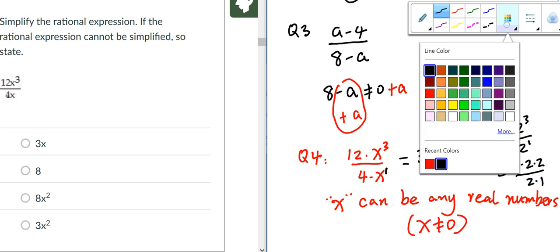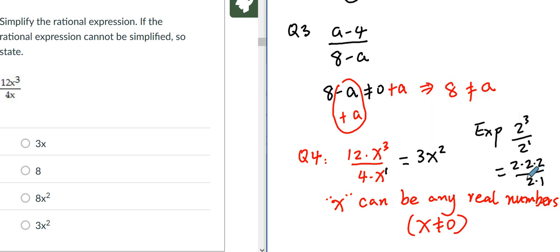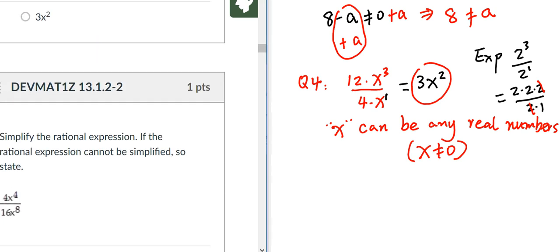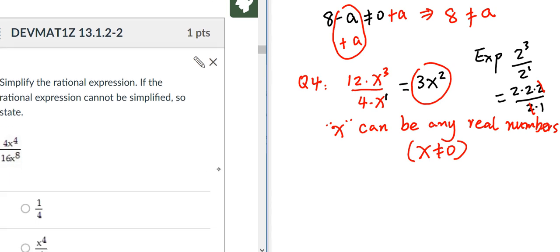So you can then cancel these 2 with these 2. So we then have a 2 squared upstairs. Downstairs is still 1, but we do not write it if it is 1. Okay? So this will be our final answer. That will be the last choice. Okay. That was our question 4.